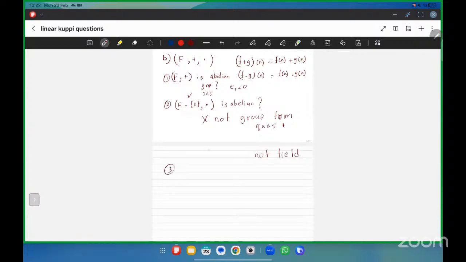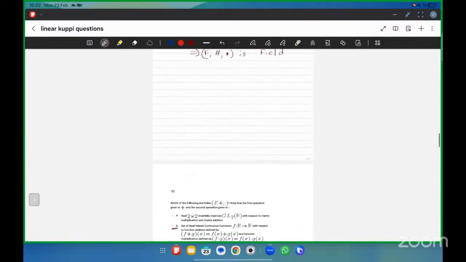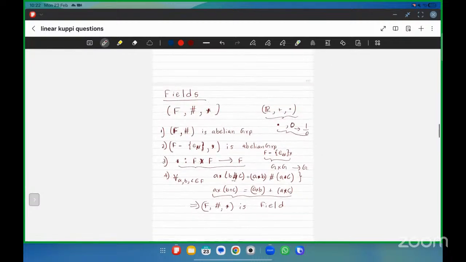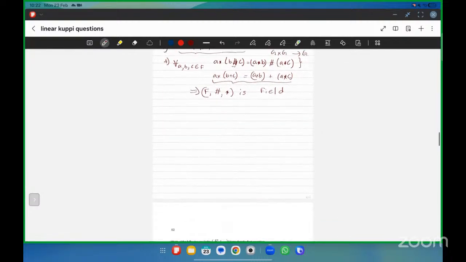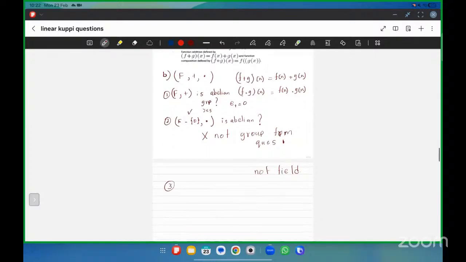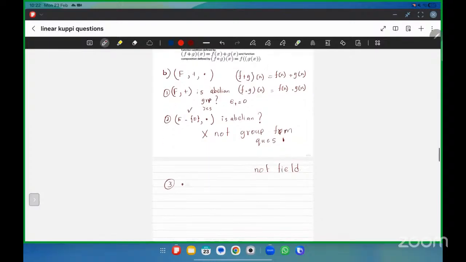Anyways, we can conclude it is not a field from the second condition. Anyways, we'll check the third one also. The third condition is we are defining the star. So here it's multiplication. When we perform the multiplication operation on the set F, we get the output also in F.